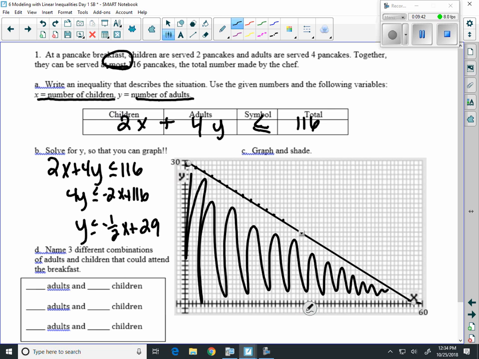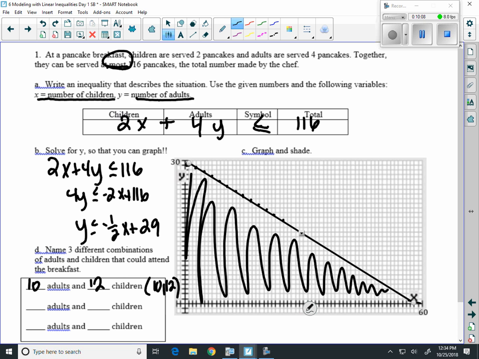Okay? So let's say I say 10 adults and 12 children. Will that work? Yeah. Is the point 10, 12 in there? Yeah, it is. Okay? See if you can write down 2 more. It could literally be 0, 0 or 1, 1. So yeah, you can absolutely do that. You did 58, 58?